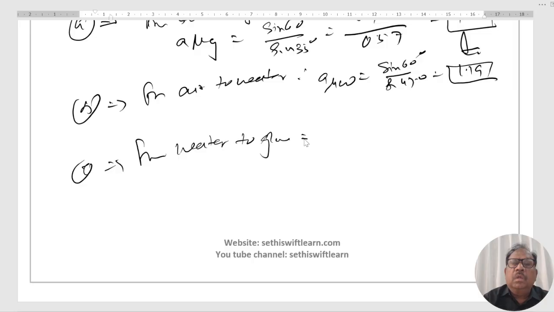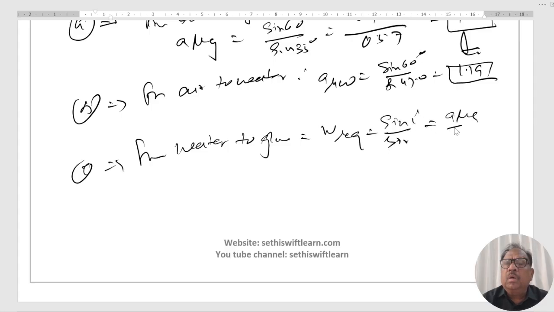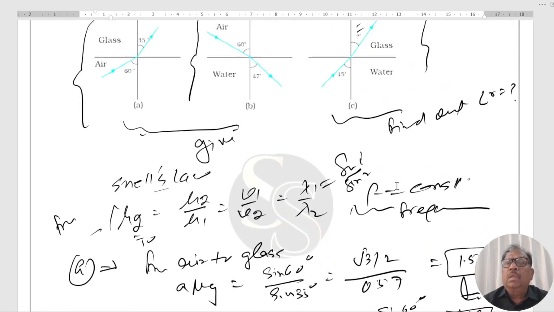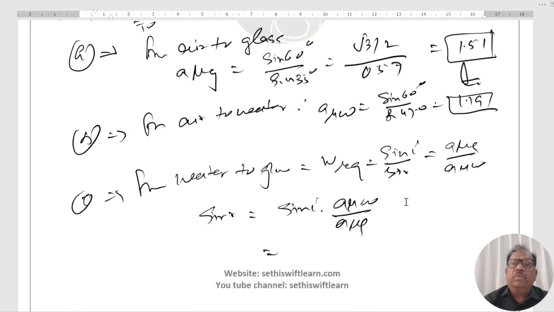That is W mu G. W mu G means sin I upon sin R, that is A mu G upon A mu W. So sin R comes out to be sin I into A mu W upon A mu G. Sin I is sin 45.